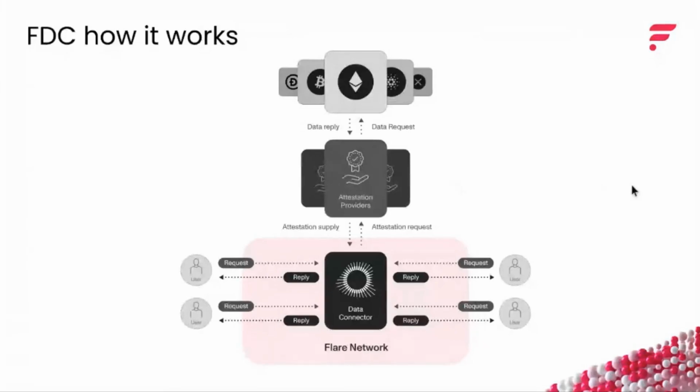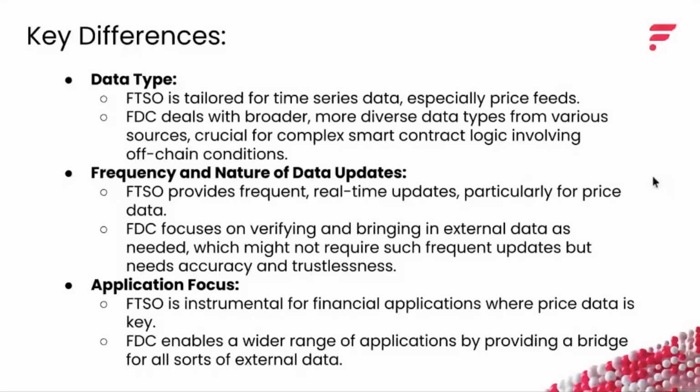So hopefully that gives you a very good framework to keep in mind for how the Flare network is working. To give you some more context, let me show you the key differences between the FTSO oracle and FDC. FTSO differs in data type because it focuses more on price feeds, but FDC allows a more diverse data set which you can pull in and use for your smart contracts involving off-chain data.